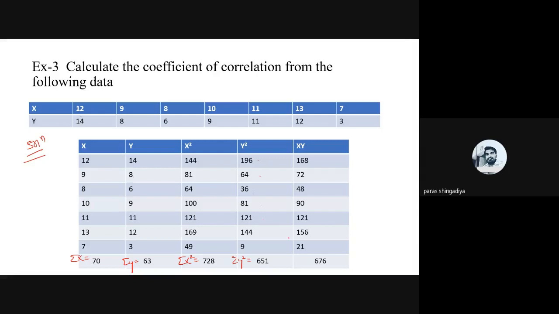Now create xy, x into y: 12 into 14 is 168, 9 into 8 is 72, 8 into 6 is 48, 10 into 9 is 90, 11 into 11 is 121, 13 into 12 is 156, 7 into 3 is 21. Check the total: 168 plus 72 plus 48, 90, 121, 56, 21 is equal to 676. So that is called sigma xy, equal to 676.